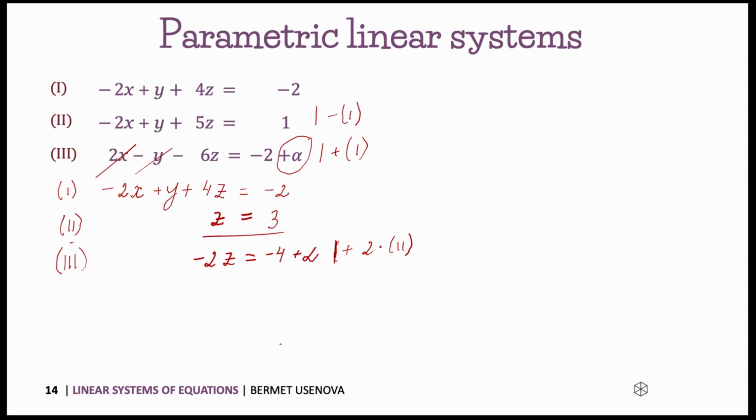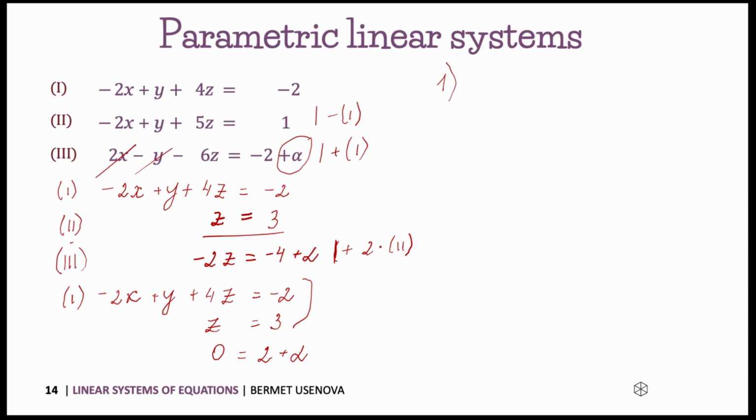Let's have a look what we get in the end. So we will leave the first equation as it is, minus 2x plus y plus 4z equals to minus 2. z is equal to 3 here, and here we have 0, and here we will have 2 plus alpha.